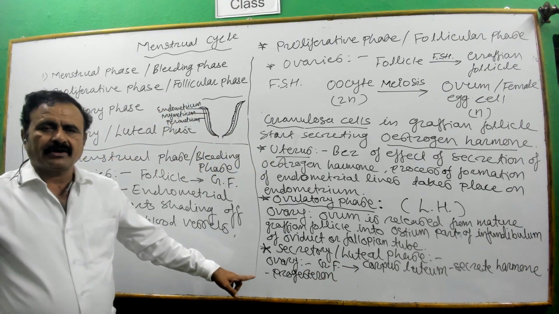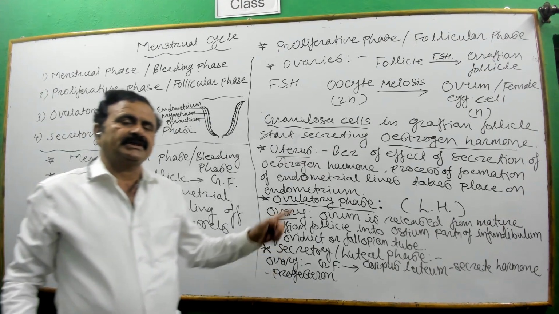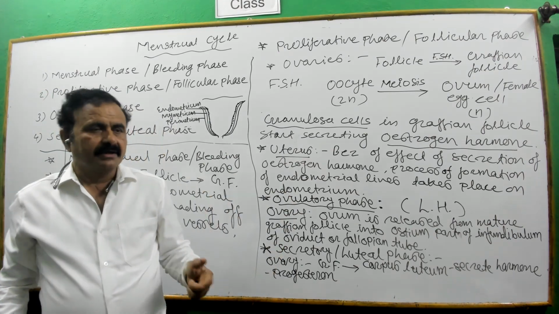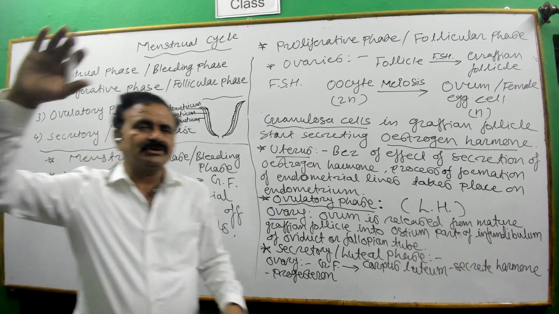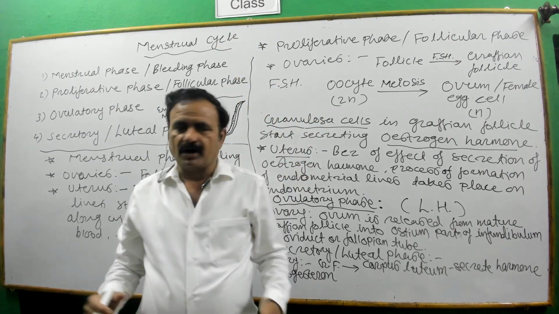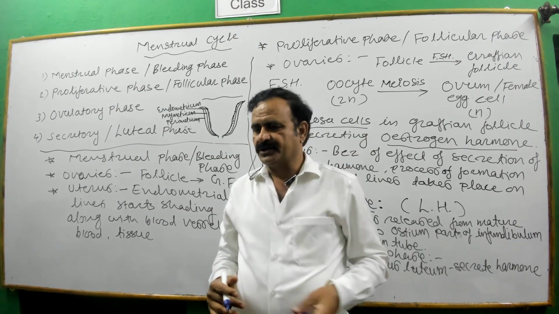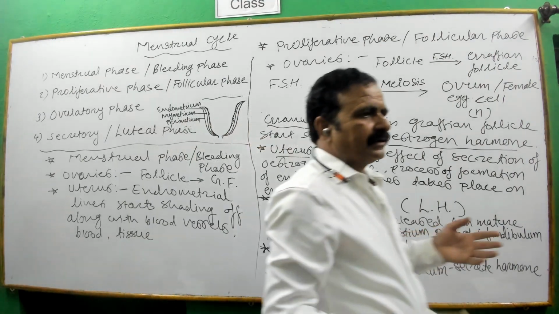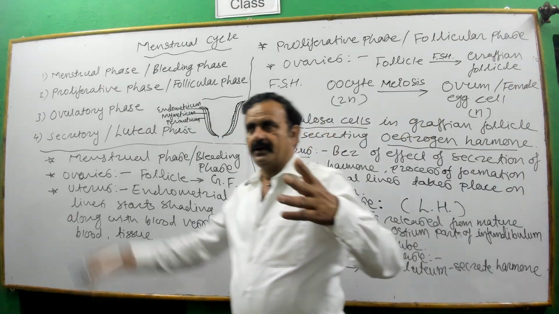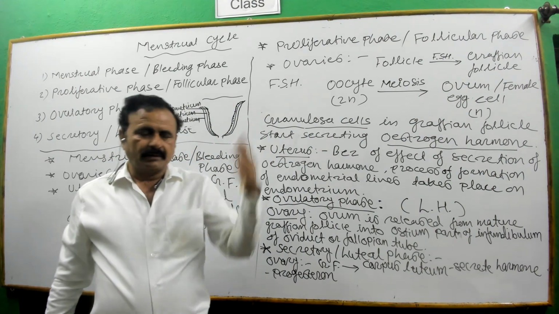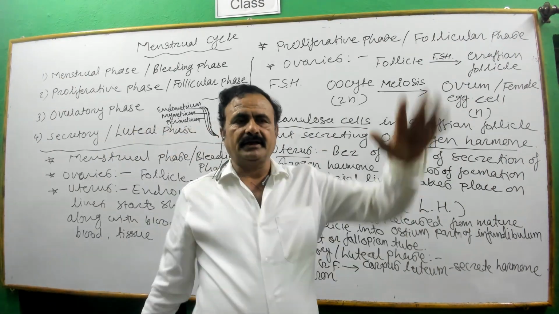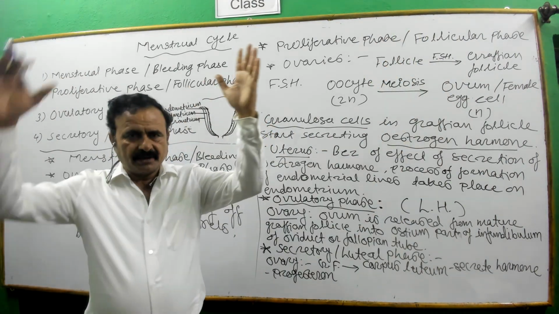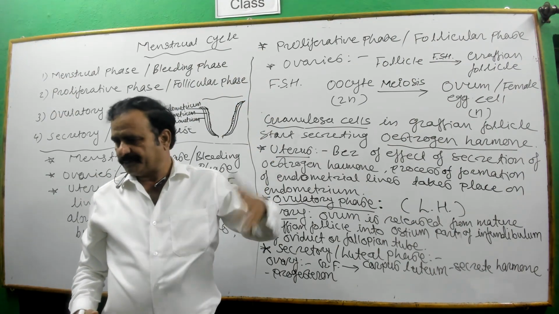And because of the effect of secretion of progesterone, the process of formation of thin lines on the endometrium part of the uterus takes place again.